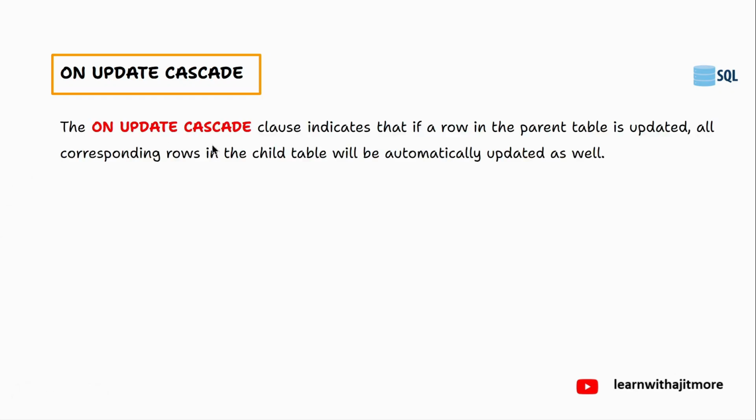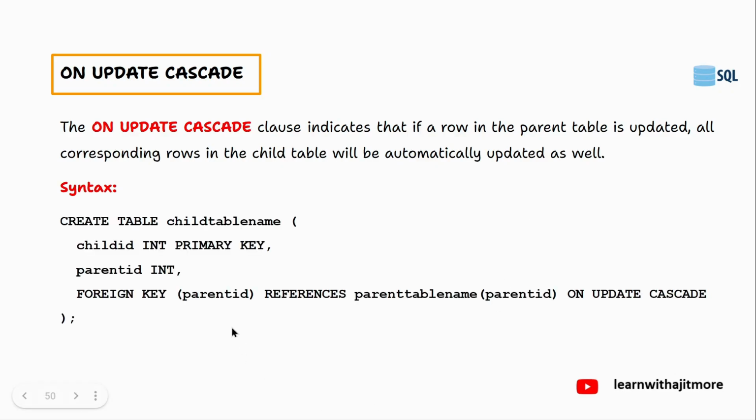Yes or no, guys? The on update cascade clause indicates that if a row in a parent table is updated, all the corresponding rows in the child table will also get automatically updated. With a demonstration, I'll show you. Don't worry, I'll give you an example.